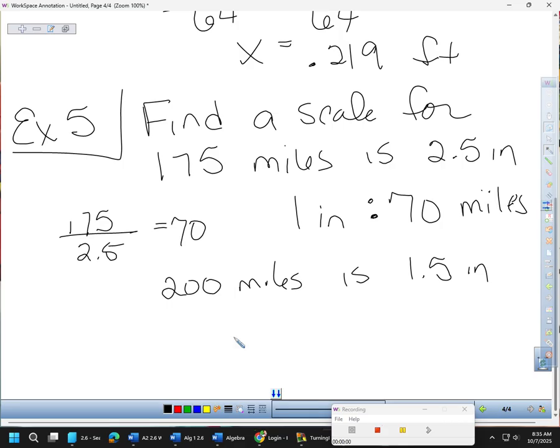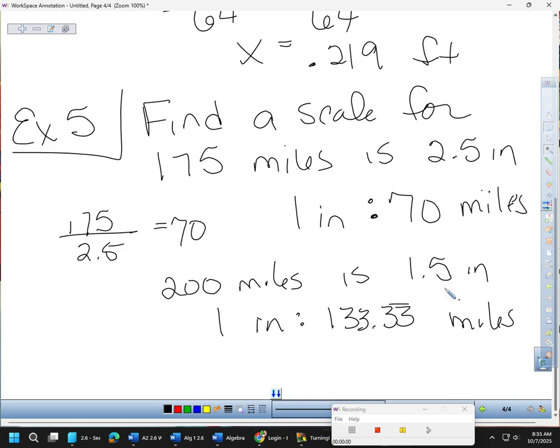And we would say 1 inch is 133.3 repeating miles. I didn't do a very good example, did I? All right. So you're just dividing the two of them to make your model. Okay? Everything in this lesson is cross multiply.